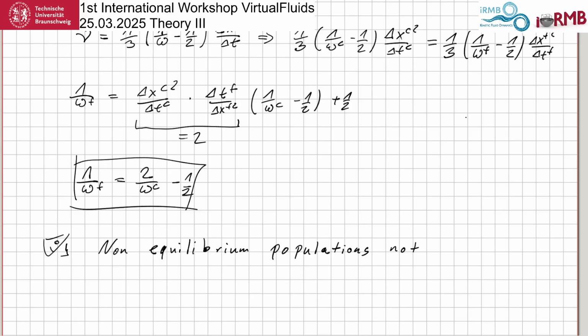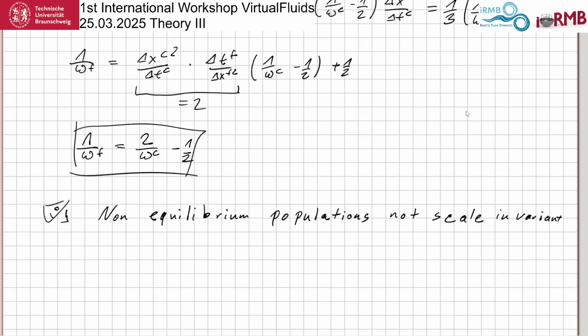Because they are not scale invariant. This we can obtain by asymptotic analysis or, simpler, by Taylor expanding.